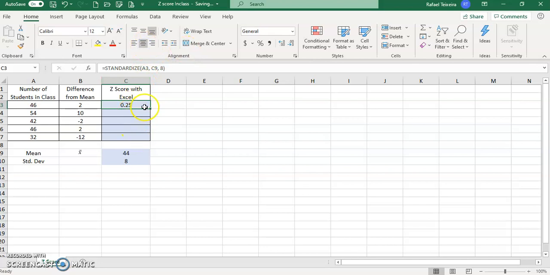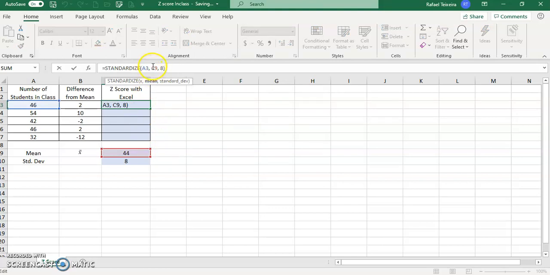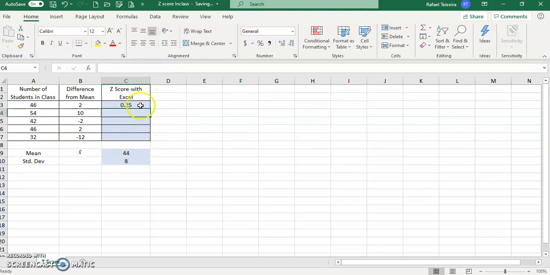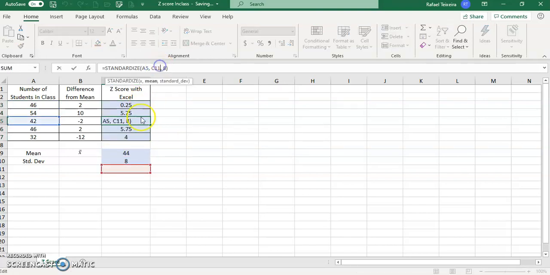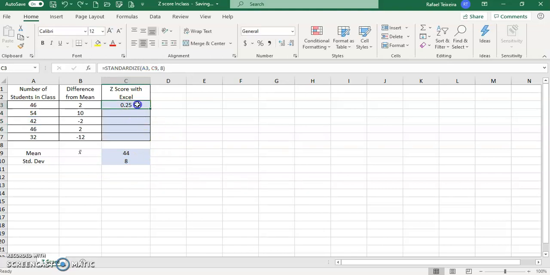Okay, now I can scroll down this formula to all other cells. I have to lock this cell C9, because if I scroll down, let me show you what happens if I don't lock and I scroll down. I have problems, because now this cell in the middle, the mean, is getting nothing here because it's moving the cell down. So let me go back and let me lock.